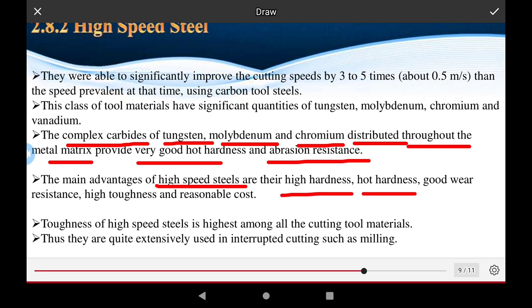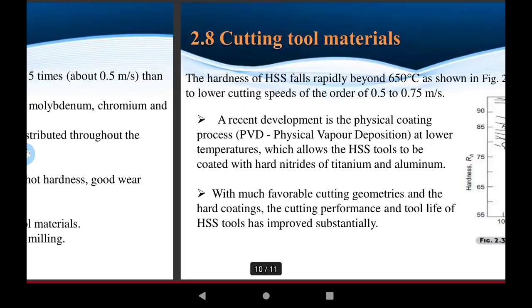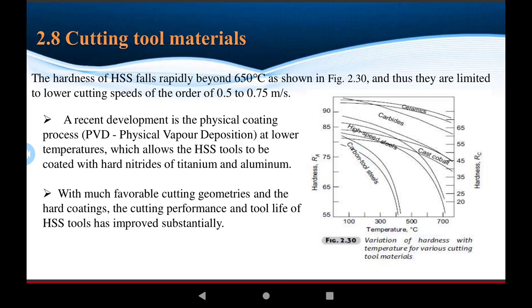The main advantages of high speed steel are high hardness, good wear resistance, high temperature capability, and reasonable cost. The toughness of high speed steel is the highest among all the cutting tool materials existing, so they are extensively used in interrupted cutting such as milling operations.